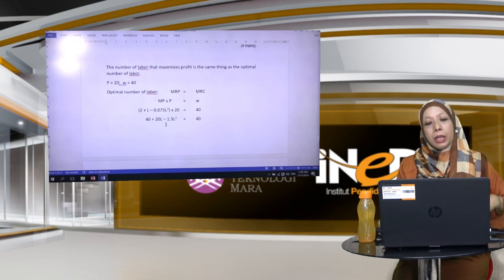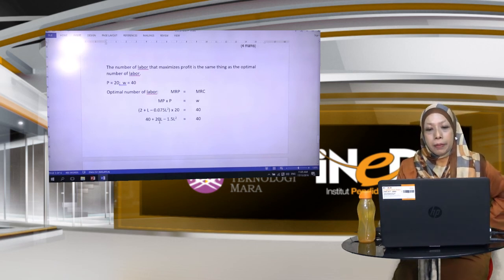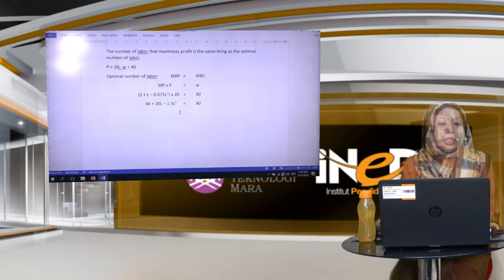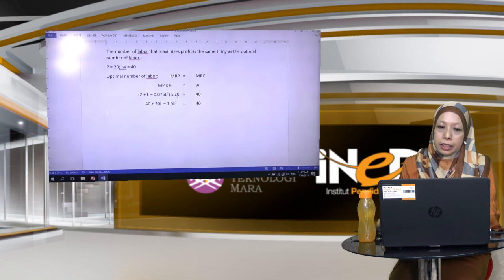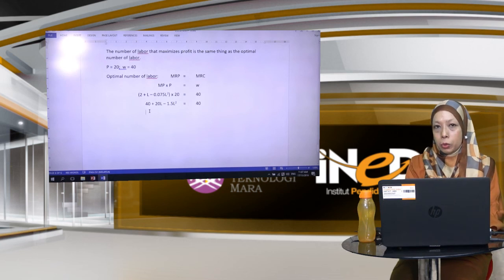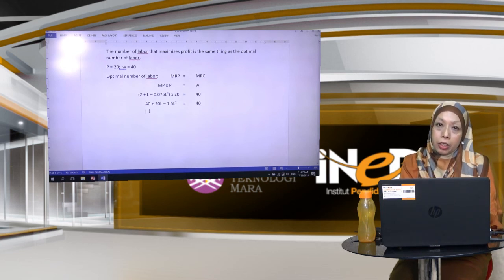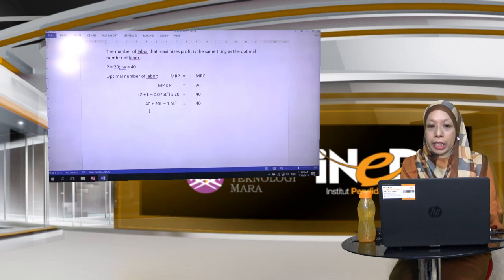Now we have already cross multiplied the left hand side. This is the product, and you set it equal to 40, which is the wage rate. Now let us bring L to one side. We're going to leave L on the left hand side, and bring the figures to the right hand side.